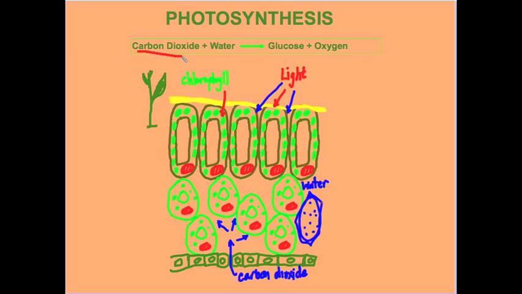The explanation for this lies with the process of photosynthesis. Photosynthesis consumes carbon dioxide and produces glucose and oxygen. This consumption, however, is dependent upon the presence of light.